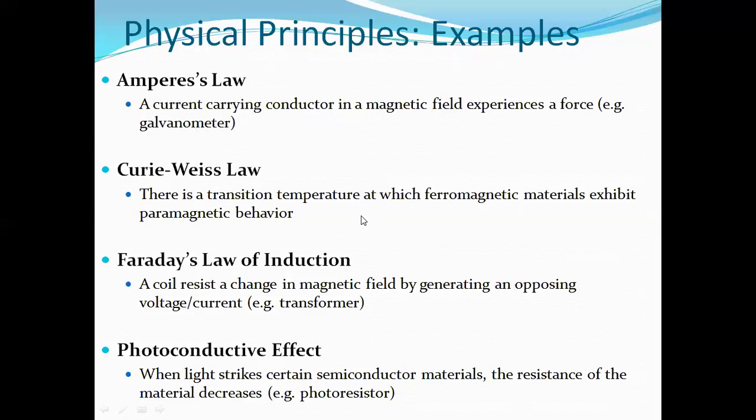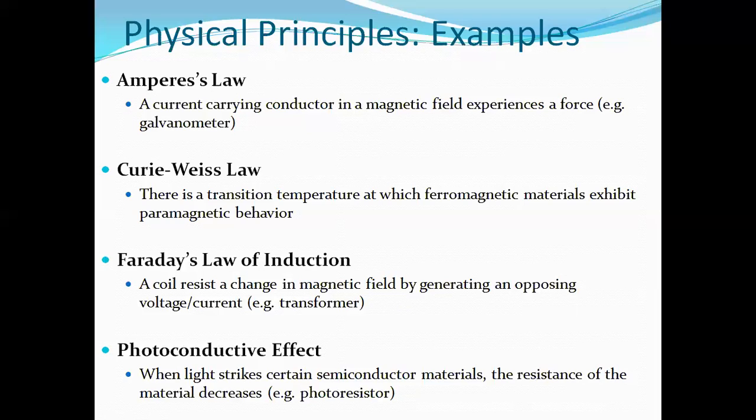Curie's law is the transition of temperature at which ferromagnetic materials exhibit paramagnetic behavior. Ferromagnetic in the sense will generate the fluctuations, and that needs to be identified with the producing current existing in the present containing magnetic behavior.